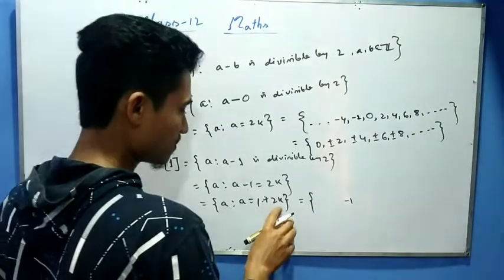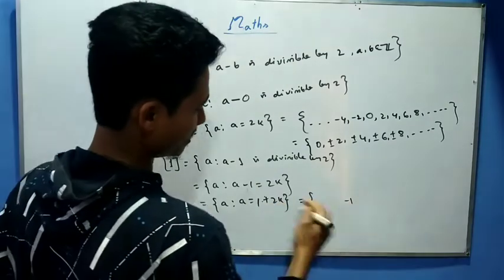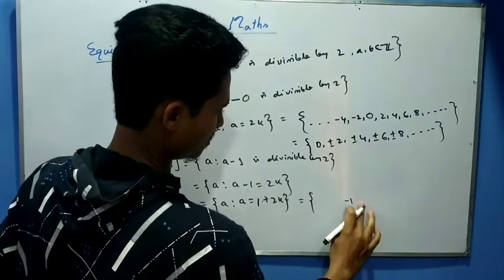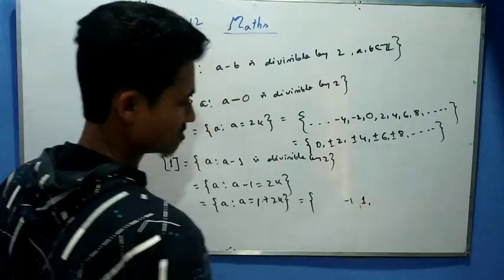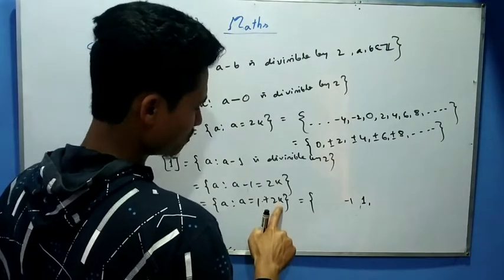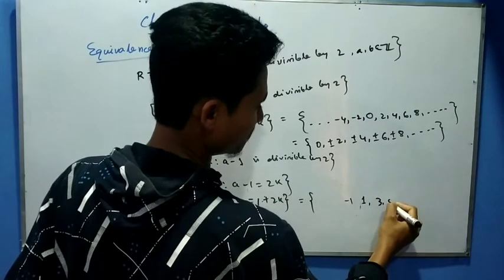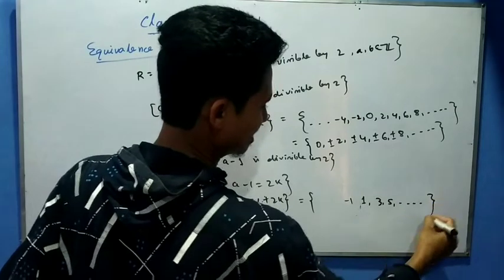If I put k equal to 0, then the value is 1. Then if I put k equal to 1, then 1 plus 2 is 3, then 5, and so on.